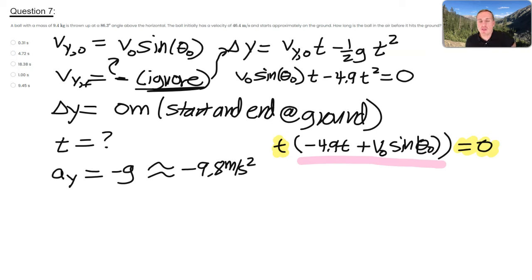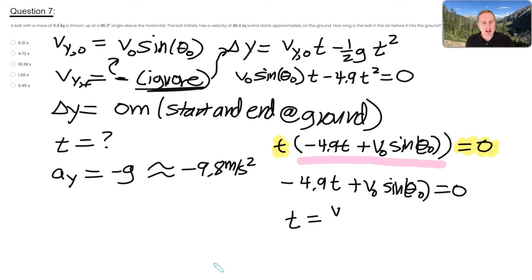So we can just solve that equation pretty easily for t. So negative 4.9 t plus V0 sine theta initial is equal to 0. And if I move the 4.9 t over with a plus and divide by 4.9, then you just get t equals V0 sine theta initial over 4.9.